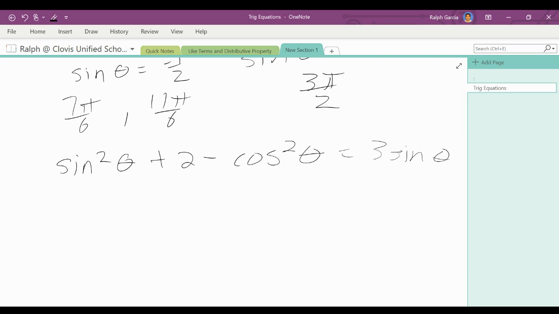Okay, so looking at this, we have to get this thing set equal to 0. Okay, so what I'm going to do is I'm going to subtract 3 sine.